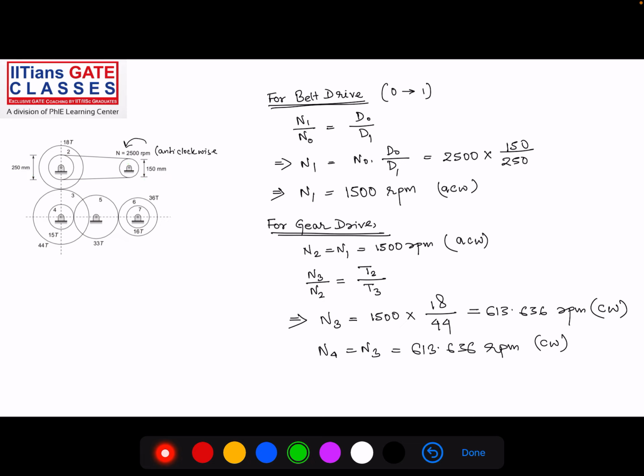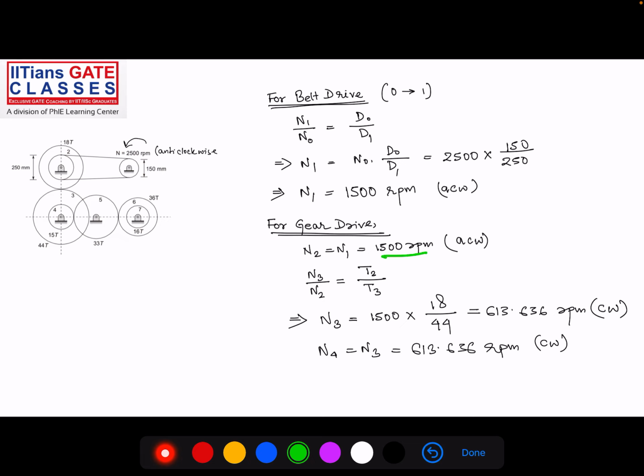So gear 2 is rotating with pulley 1, because gear 2 and pulley 1 are on the same shaft. Both will have the same rotation, 1500 RPM.